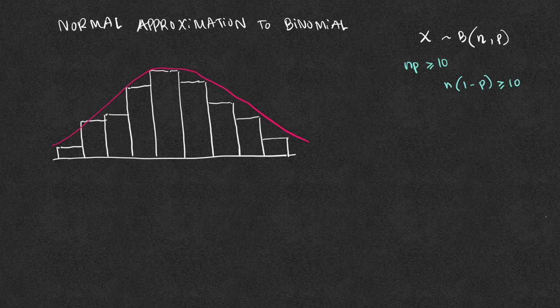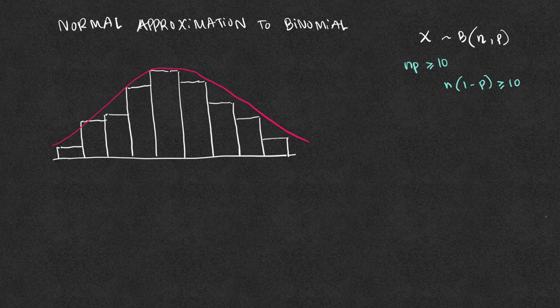What that means is that we use a continuous distribution. A continuous probability distribution has a density curve, and it is normal, so it has the bell-shaped curve, to approximate the discrete random variable. Now, for the binomial discrete random variable, x can only take on discrete values such as 0, 1, 2, 3, 4, 5, counting numbers that we can put in order.